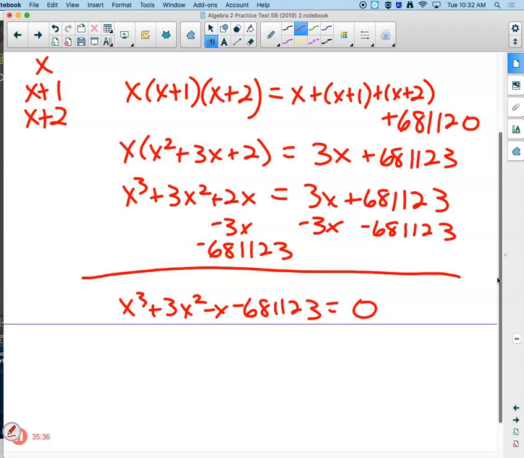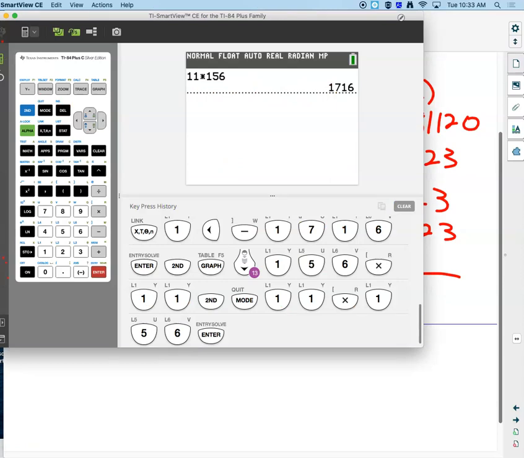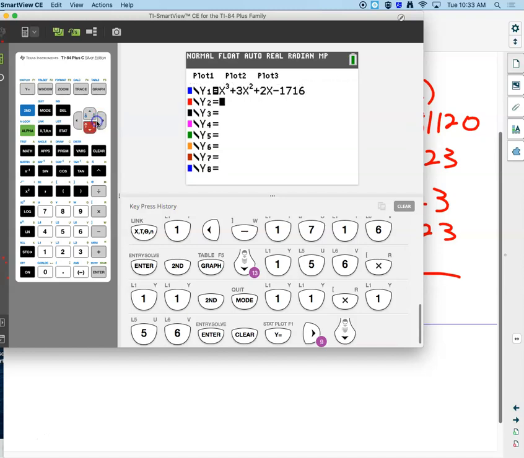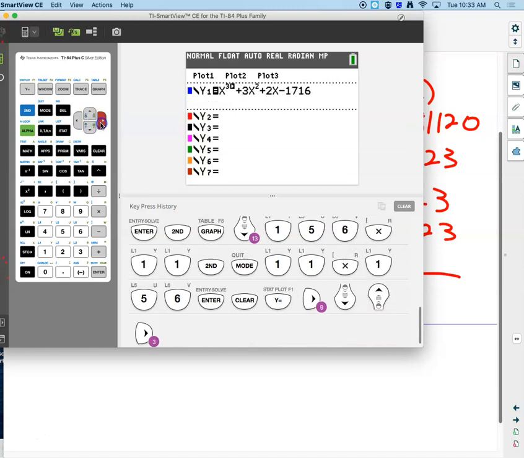Are we calculator ready? Don't we also know these numbers are going to be pretty big, right? Because they have to multiply to 681,120. So this might take a little bit of scrolling before we can get there. So let's see. I'm going to leave that in there. x cubed plus 3x squared. Oops. Hit the wrong button. There we go.